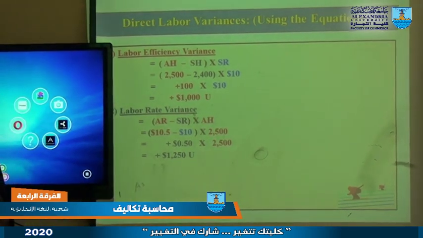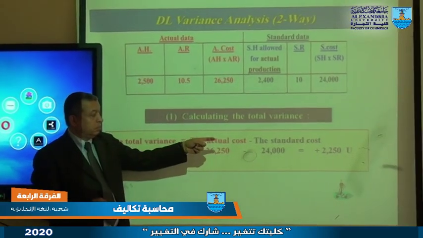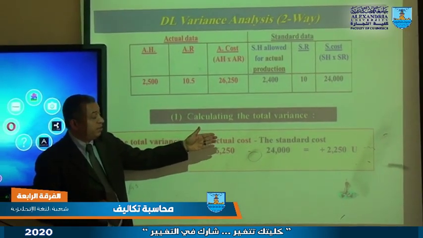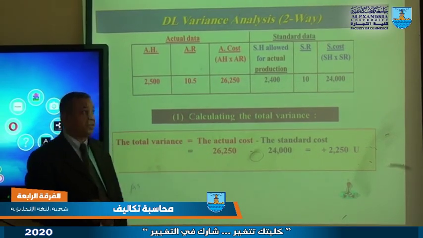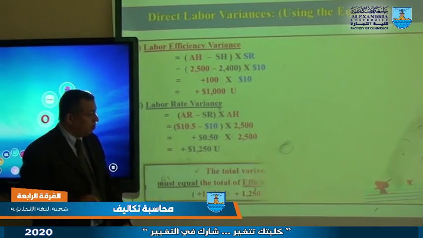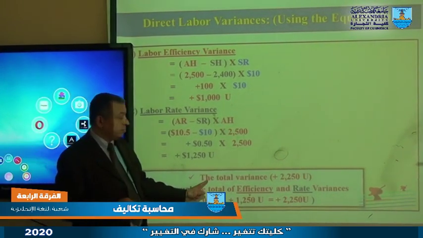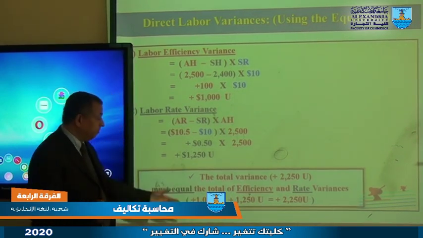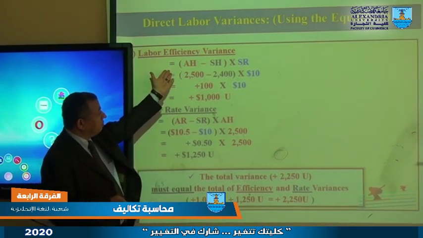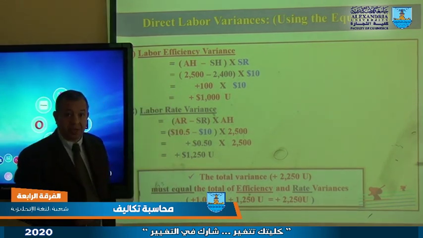Don't forget, I have total variance, 2,250 unfavorable. What are the reasons? These are my two reasons. So if you check your answer, you have to check that the total variance must equal the total of the efficiency and rate variances.